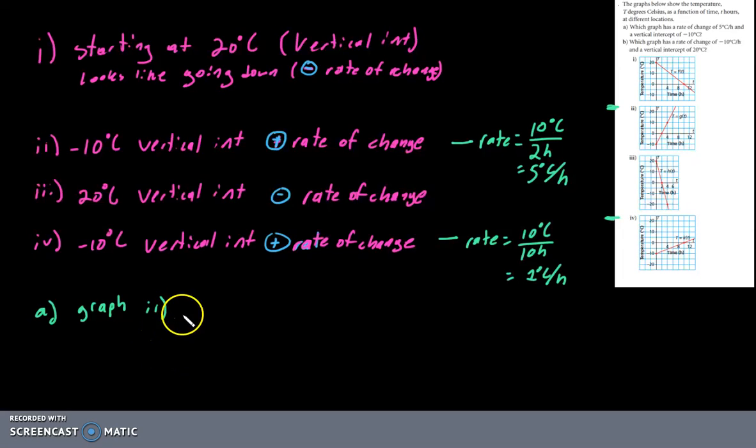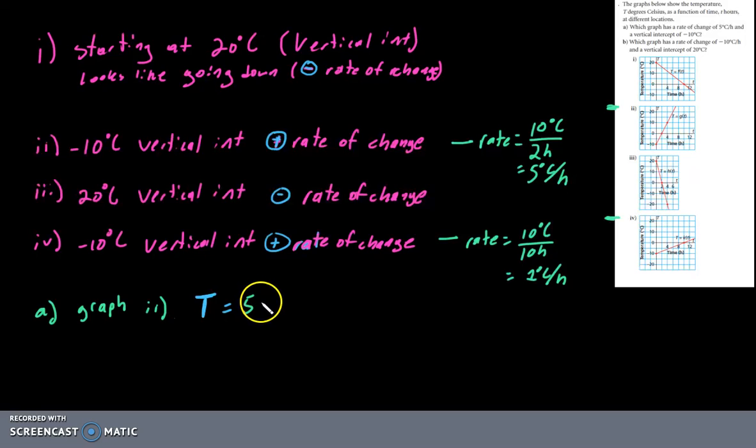Now, we're going to go one step further, and I'm actually just going to go ahead and give the equation for this graph. When we're giving the equation, I always want to start off with my dependent variable, which is going to be capital T. And I'm going to give this to be equal to the rate of change, which is going to be 5. That's just the number that we're using.